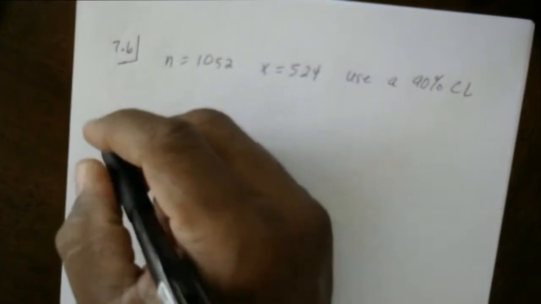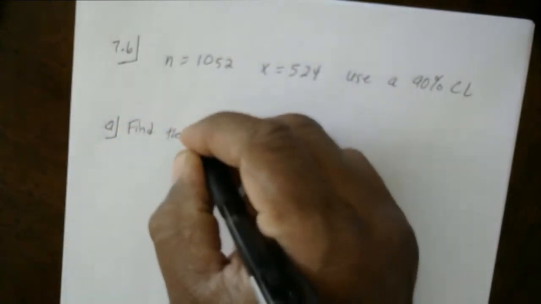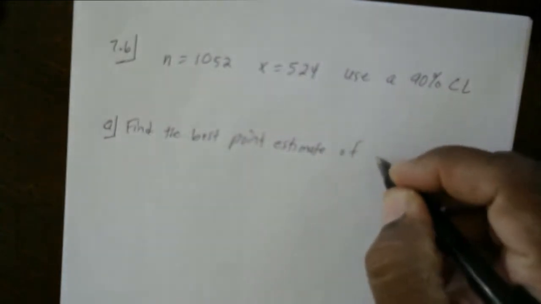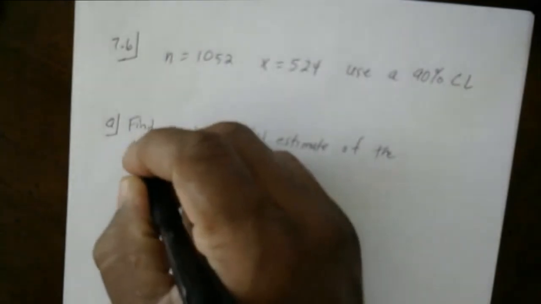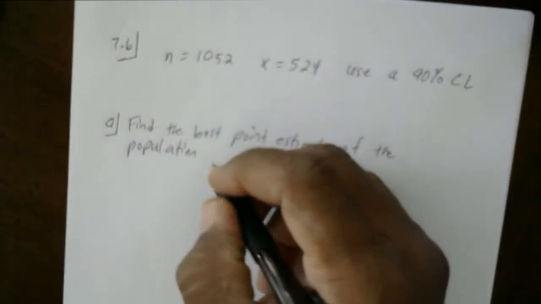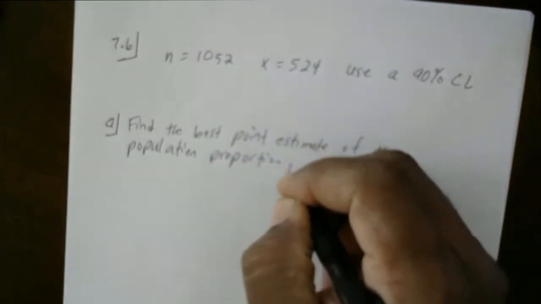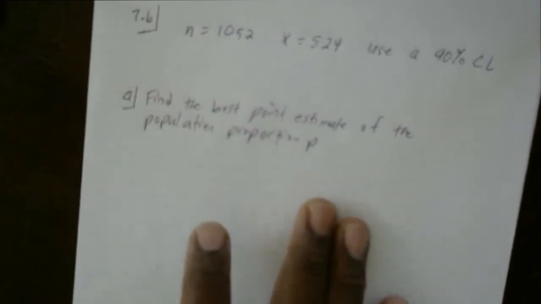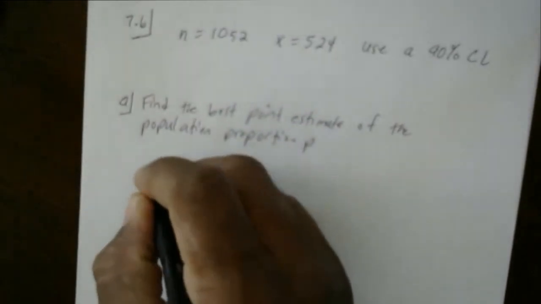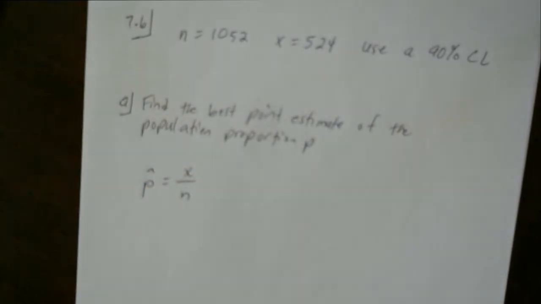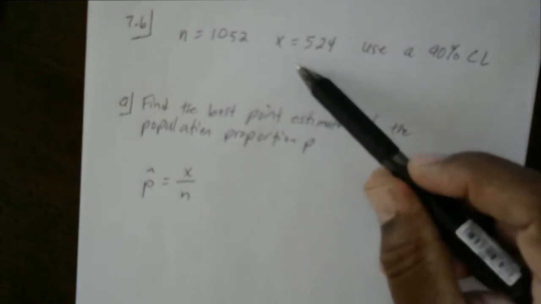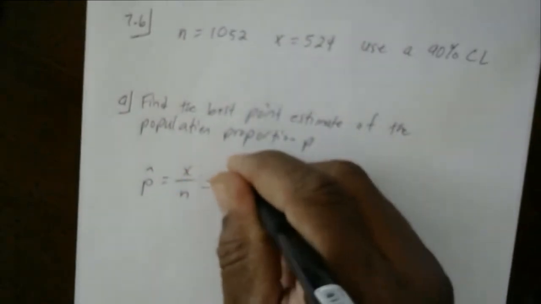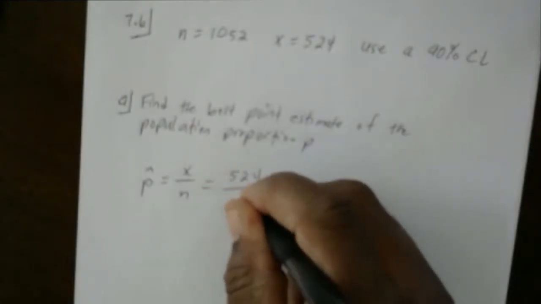The first thing we're asked is to find the best point estimate of the population proportion P. We're going to use the formula P hat equal to X divided by N. Notice from the given information there were 524 people who voted yes, and there were 1,052 people polled. So that's 524 divided by 1052.